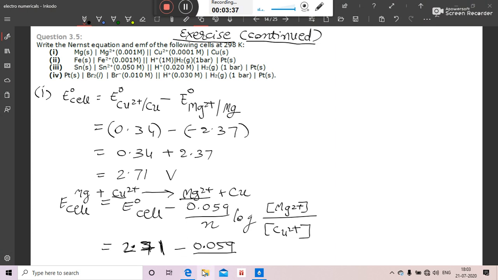So n will be equal to 2. Now log of concentration of Mg2+. The concentration of Mg2+ in the question is 0.001, which can be written as 10 raised to minus 3, divided by the concentration of Cu2+, which in the question is 0.0001, that can be written as 10 raised to minus 4.